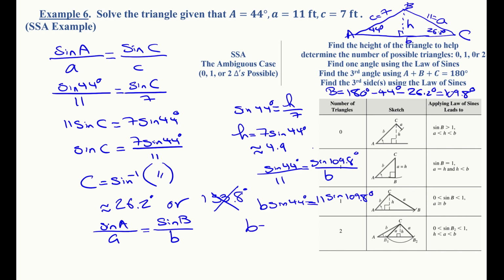So B will be 11 sine 109.8 divided by sine 44 degrees, which we will now compute.